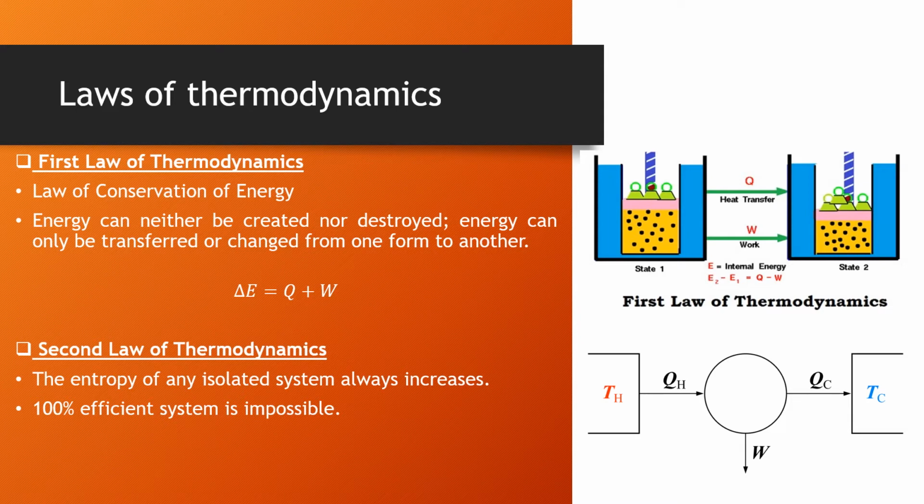So this is called irreversibility of a system. So if you think about it, a Rankine cycle would have irreversibilities, for example in pumps, in boilers, in compressors, in turbines.